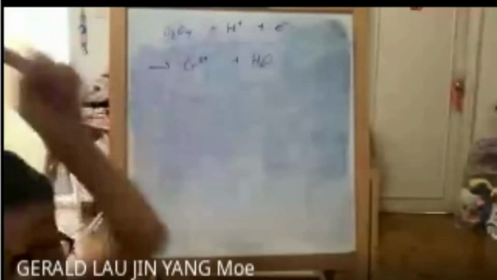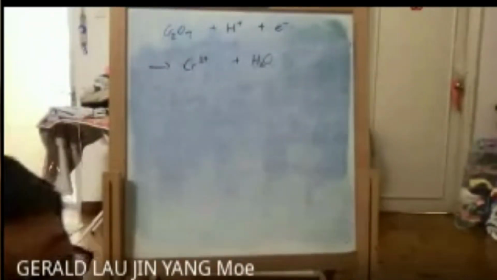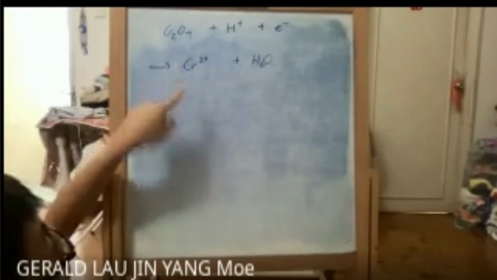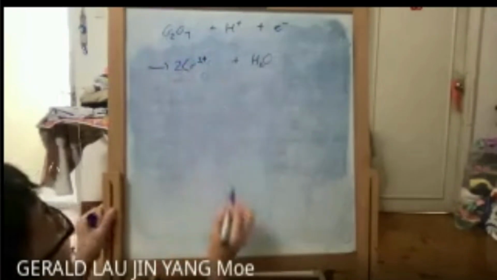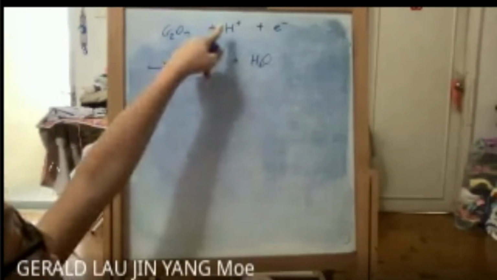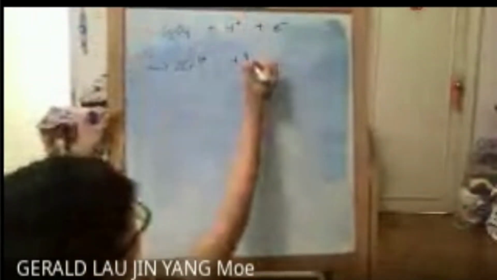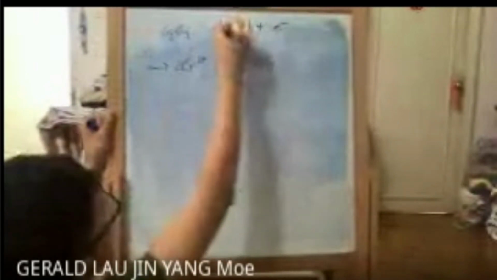Potassium is a spectator ion, so it is not included. Here there are 2 chromium, here only 1 chromium, so 2. Actually, I should do oxygen first, sorry. 2 chromium, 7 oxygen, so here H will be 14.